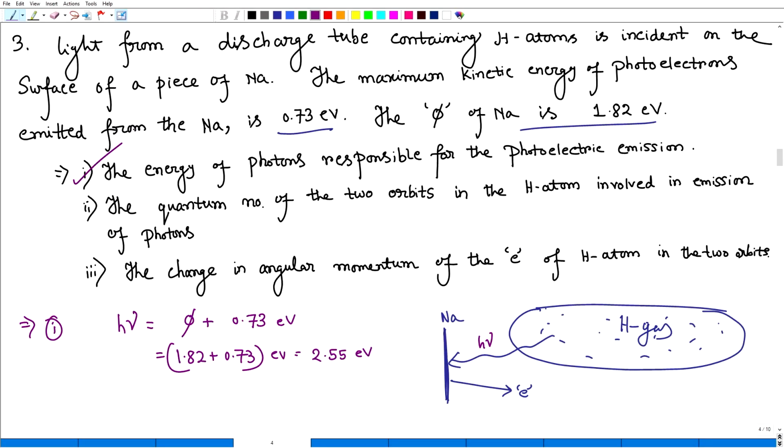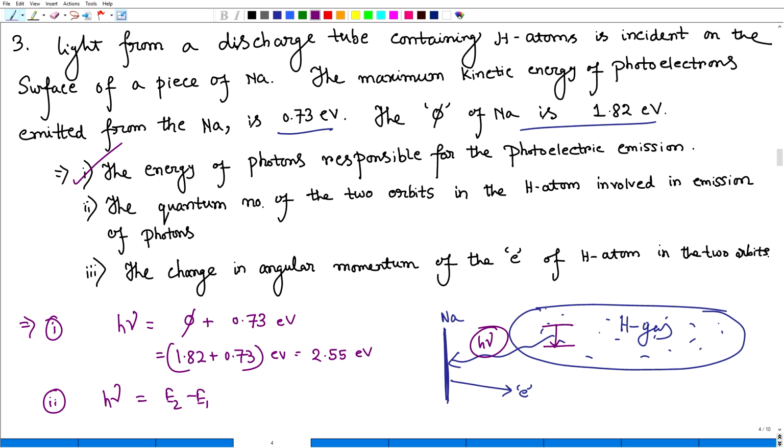Now, the next question, they ask the quantum number of 2 orbits in the hydrogen atom involved in emission of photons. Okay. So, this photon is emitted from the hydrogen atom, certainly there is some de-excitation, that is why the emission is occurring there. Okay, and the energy h nu is actually E2 minus E1, we know.